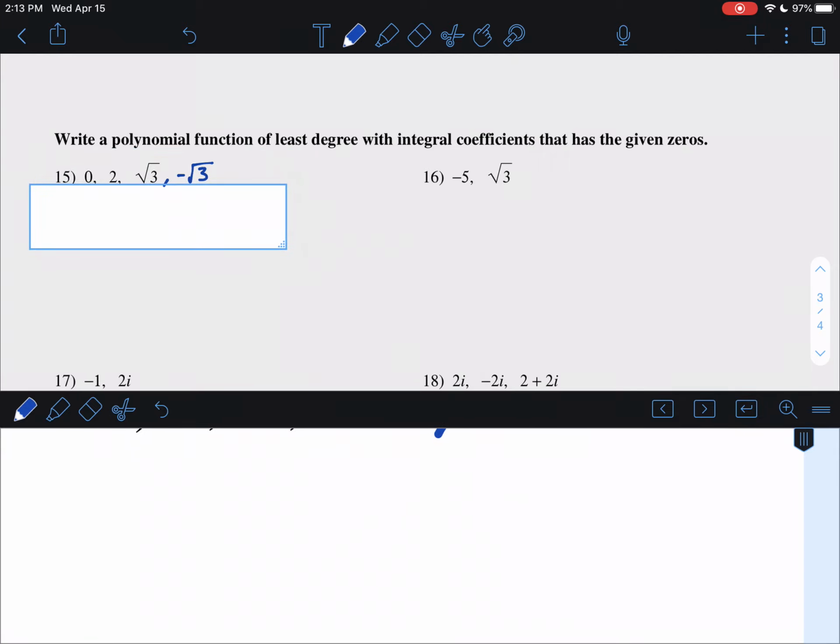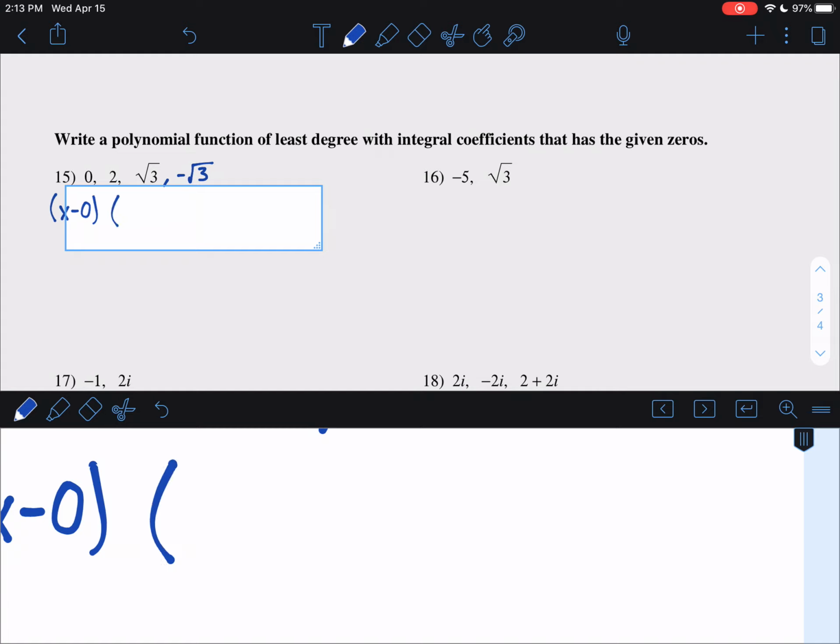So this means the factored form of this polynomial in number 15 is going to be, well, I have x minus 0, because it's telling me 0 is one of them. And if 2 is one of my roots, it's just like what I did up at the top. This is why I did what I did up at the top.